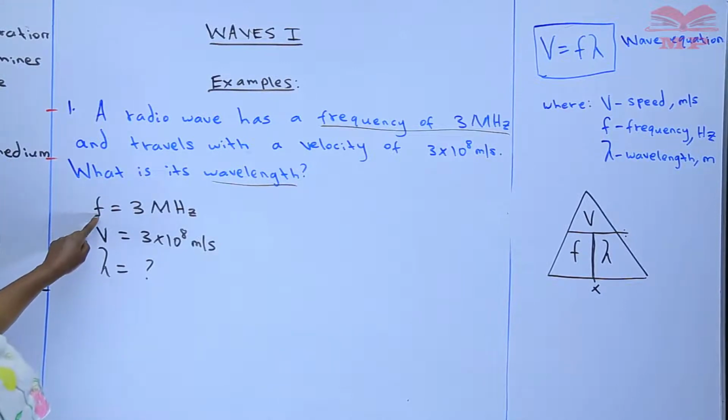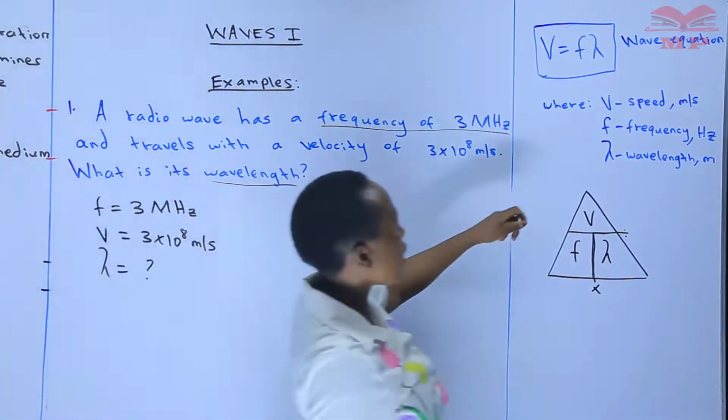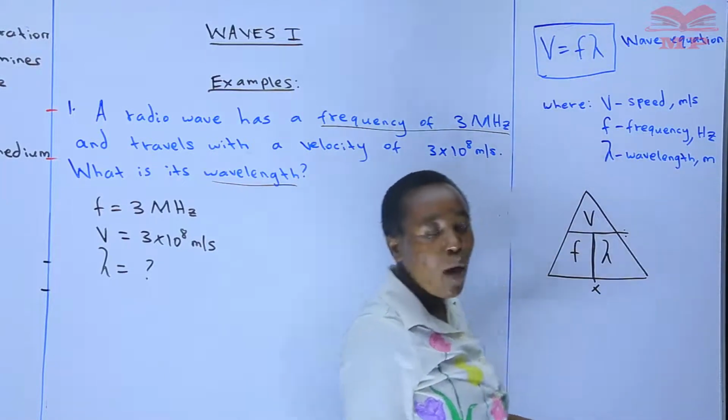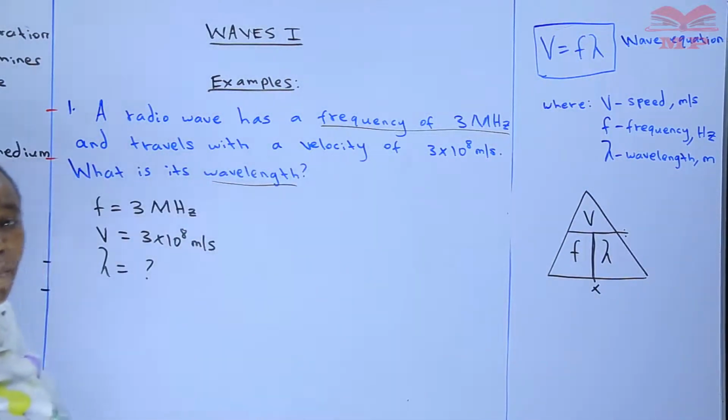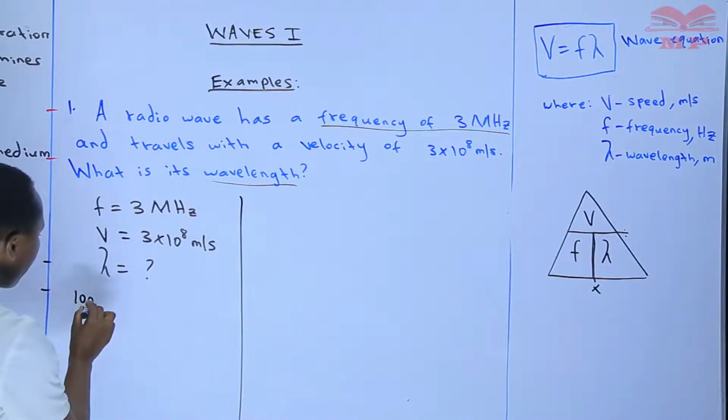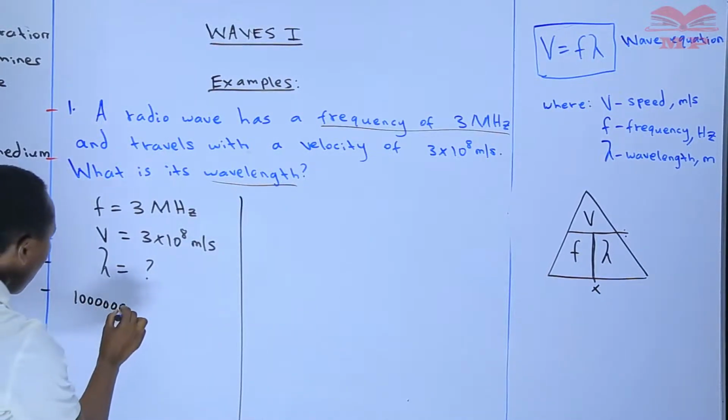If you look at the frequency, it is in megahertz. And remember, we said that the unit for frequency is hertz. So how many hertz make 1 megahertz? We need to note that 1,000,000 hertz is an equivalent of 1 megahertz.